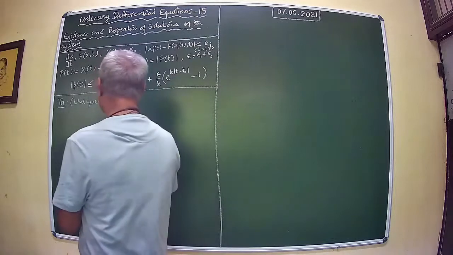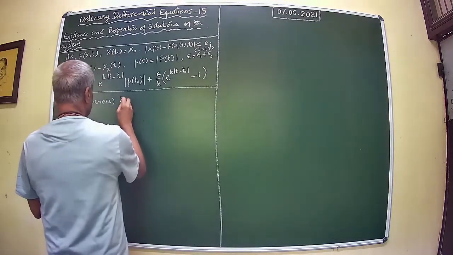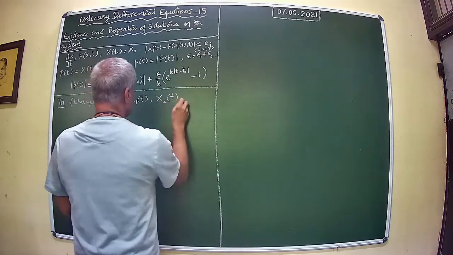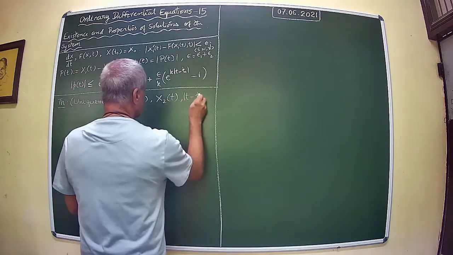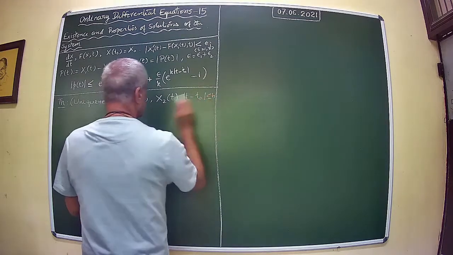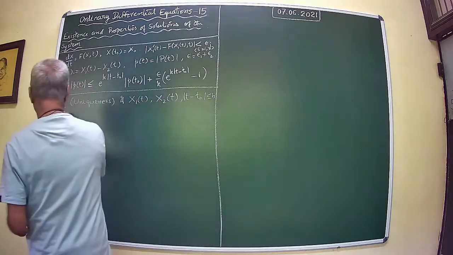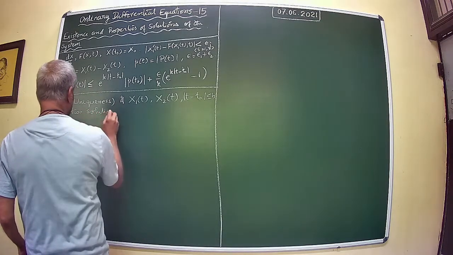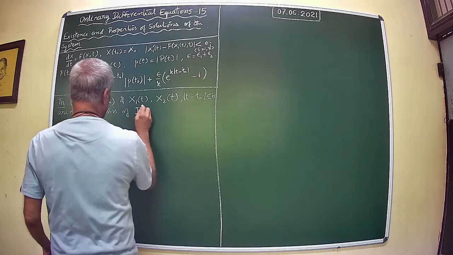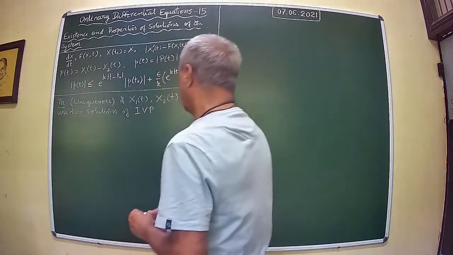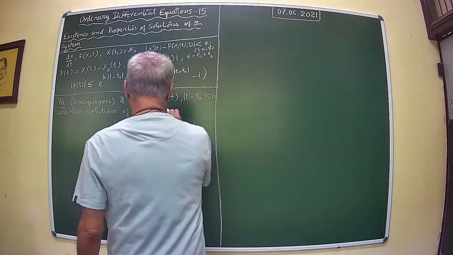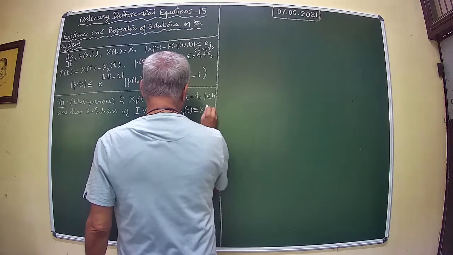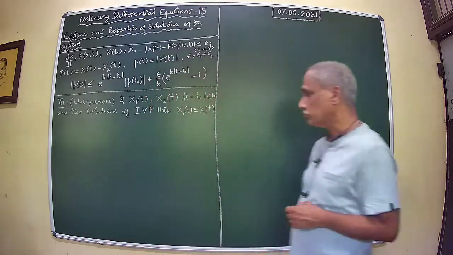So if x1 and x2 are two solutions of the initial value problem, then x1(t) equals x2(t).